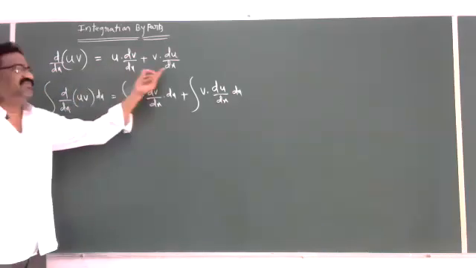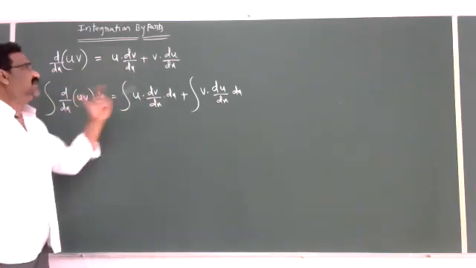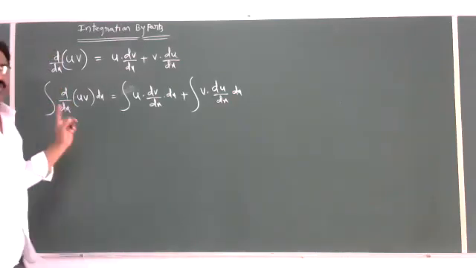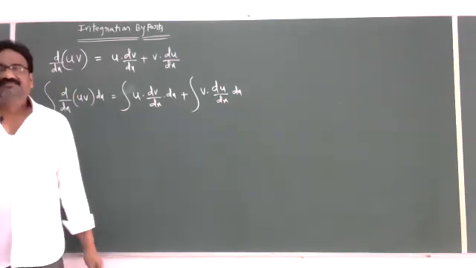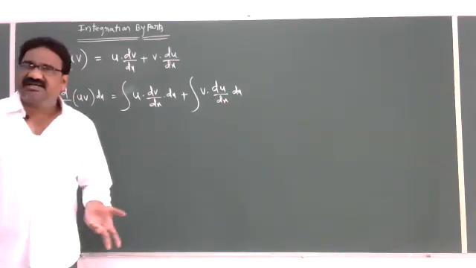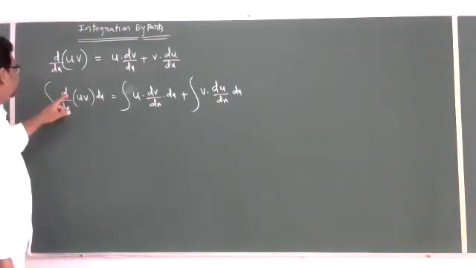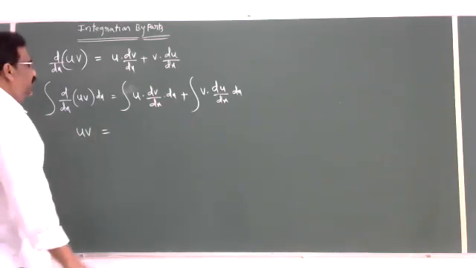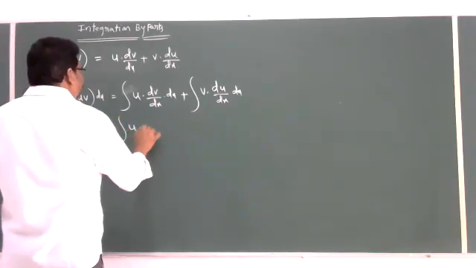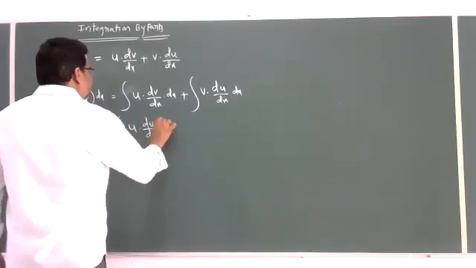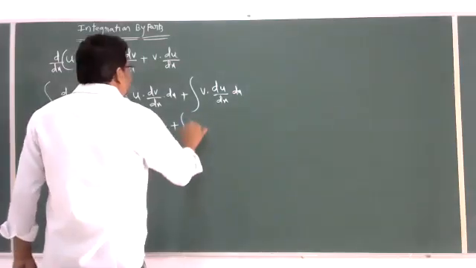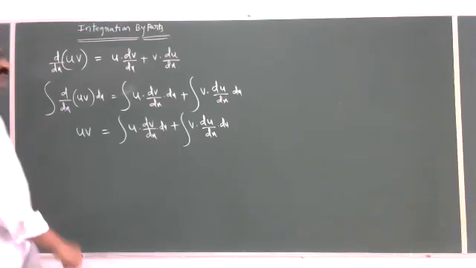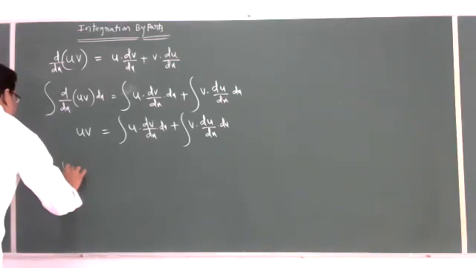So this is the UV formula in differentiation, taking integration on both sides. So integration and differentiation both cancel. Why? What is the definition of integration? The antiderivative of a function is nothing but integration. That's why differentiation and integration both cancel. Then you get UV is equal to integration of U into dV by dx dx plus integration of V into du by dx dx.